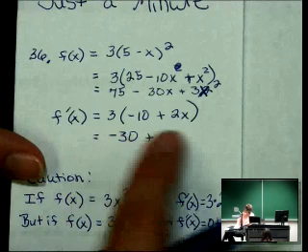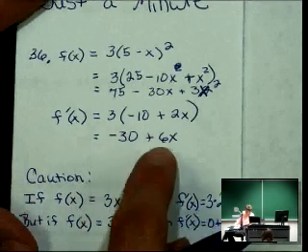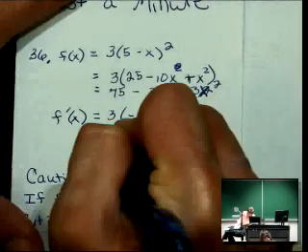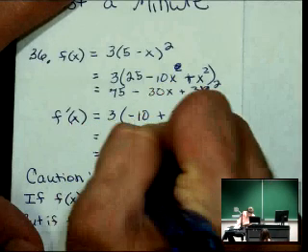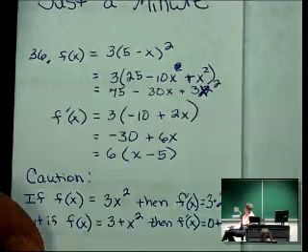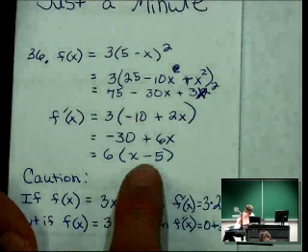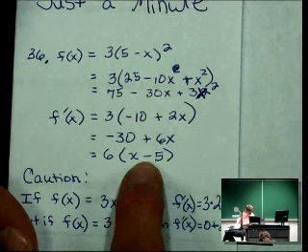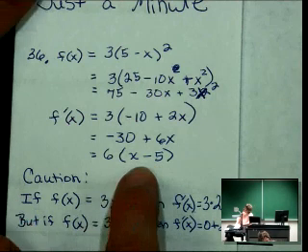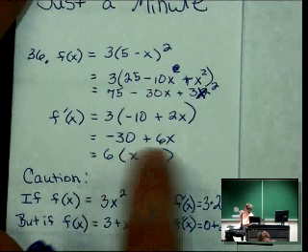So maybe in the back of the book, they'll have this, or maybe they'll have that. Wait, something's wrong. What's wrong? Oh, nothing. That's right. This is 6x minus 30, and that's 6x minus 30, so same thing.